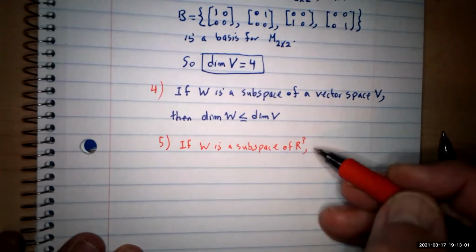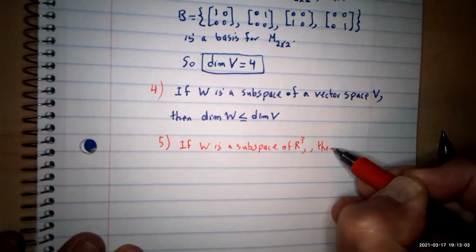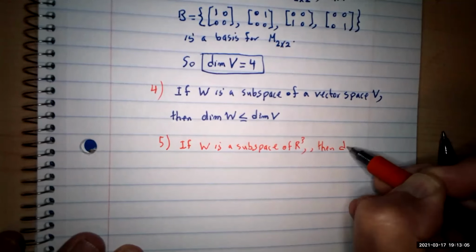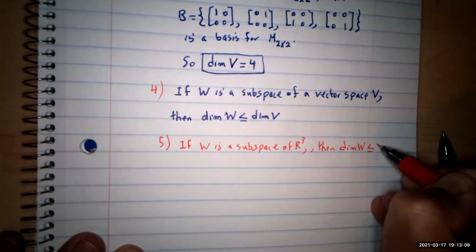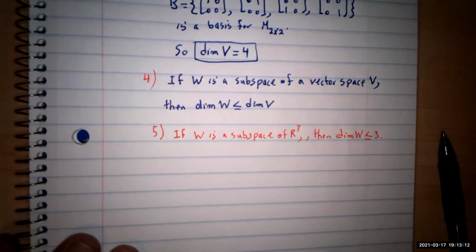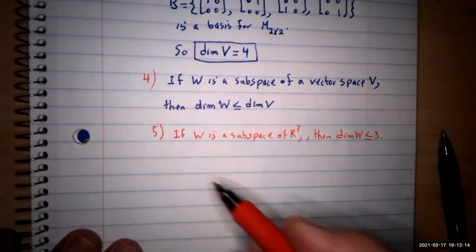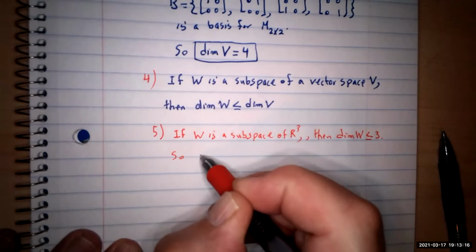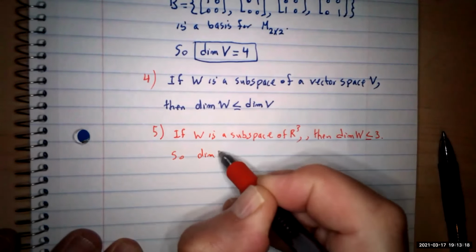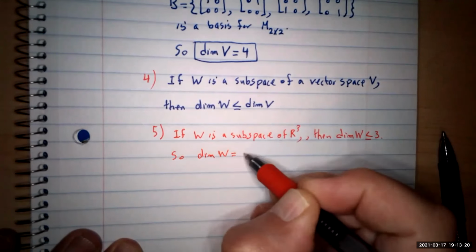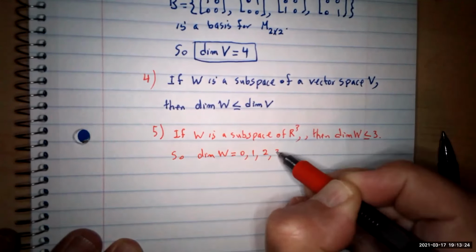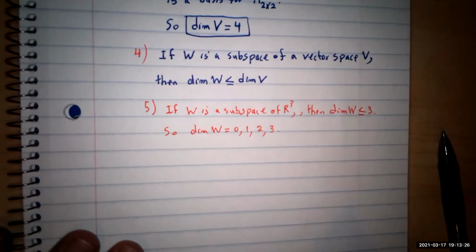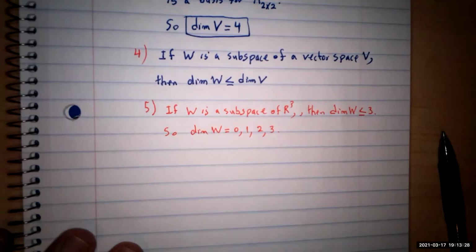So then the dimension of W is going to be less than or equal to 3. Dimension is an integer, so the possibilities are that the dimension of W can be equal to 0, 1, 2, and 3. So these are the only possibilities that you are going to have.